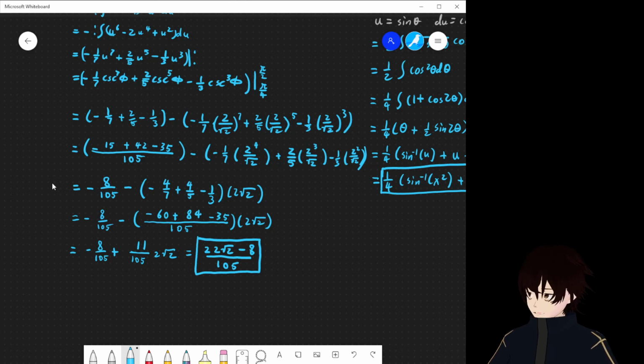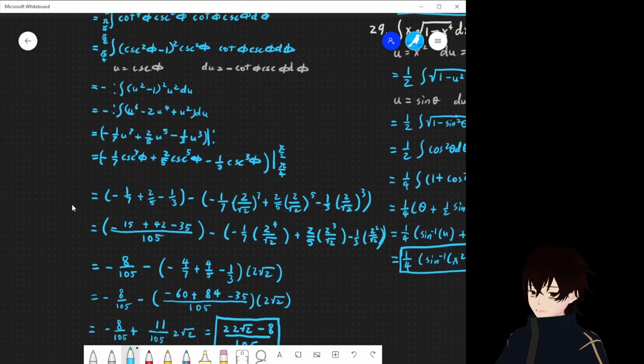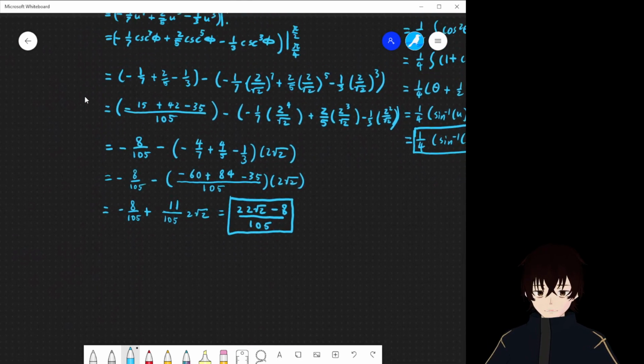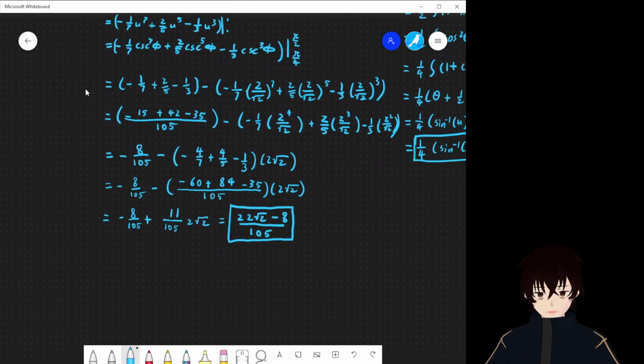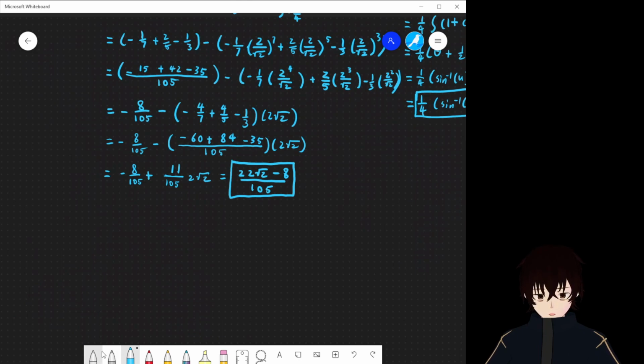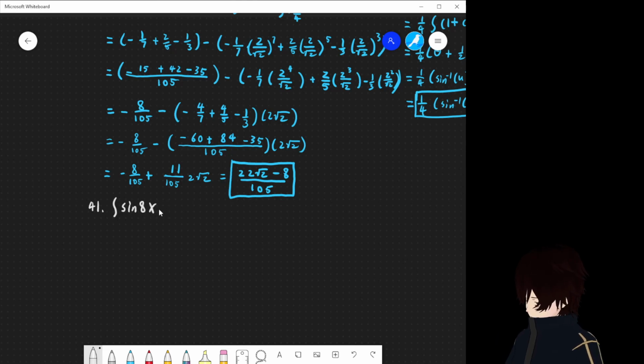Alright. Now that we've done 37, we can move on to 41. It wants to know the indefinite integral of sine of 8x times cosine of 5x dx.